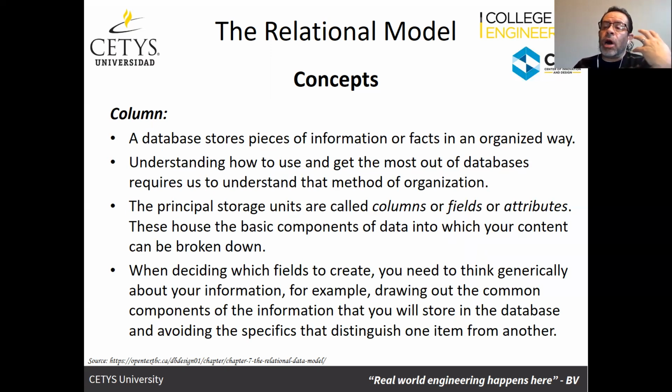Now, in the relational model, a column is going to represent certain characteristics of the entity or the relationship. And remember that these characteristics we called attributes. So columns in a table are also called fields, and they're called attributes. They're going to be these characteristics that we have for the table and the entity or relationship.